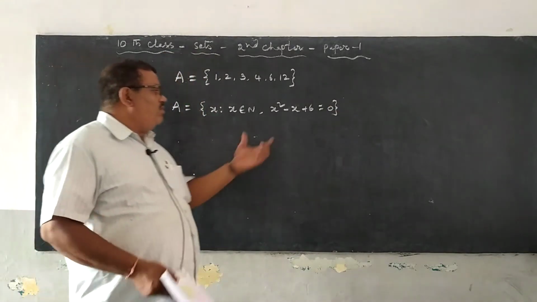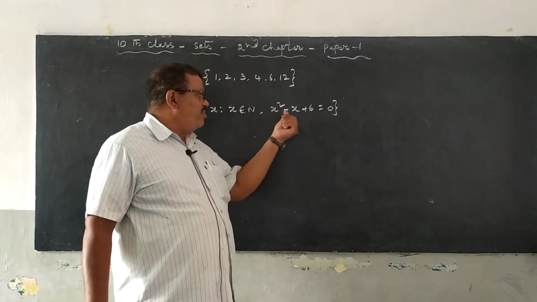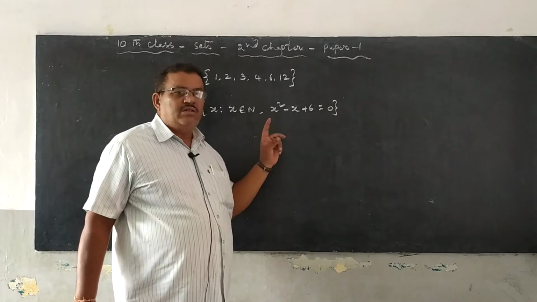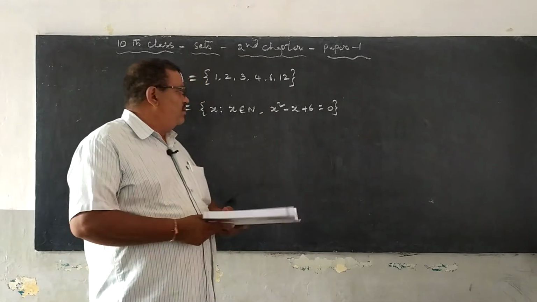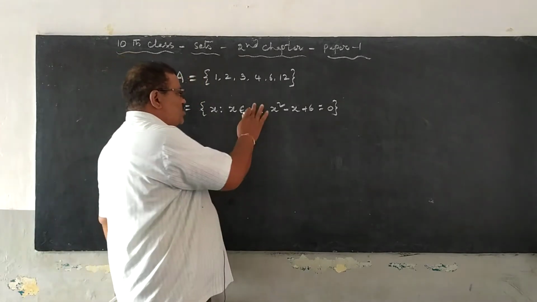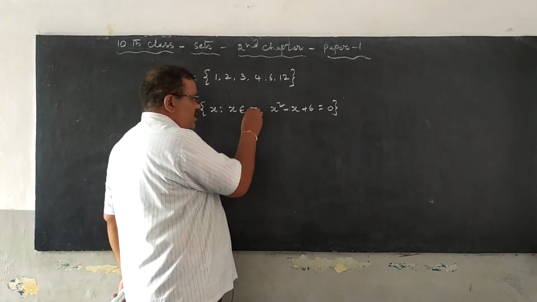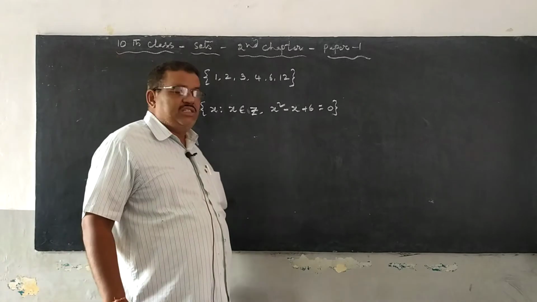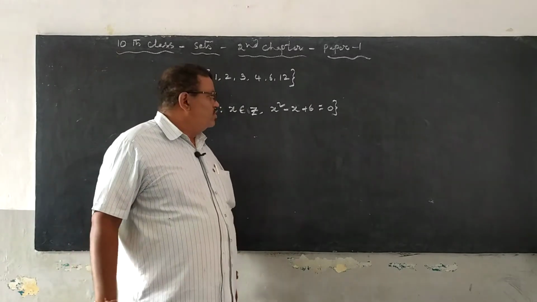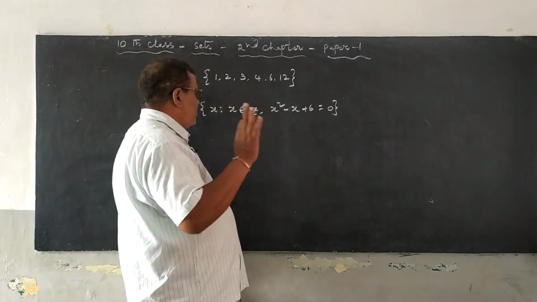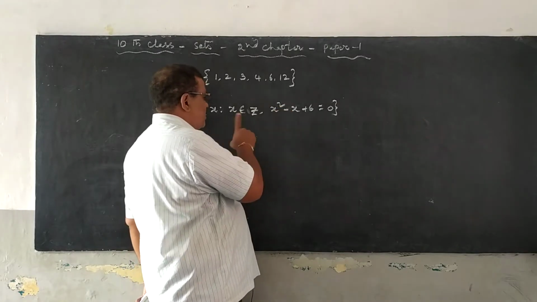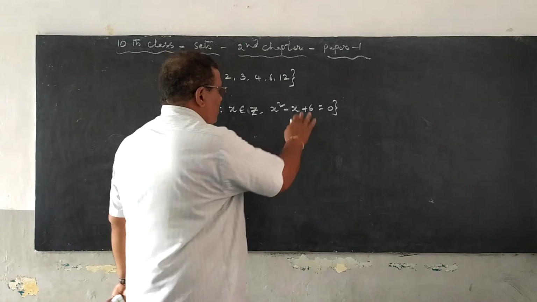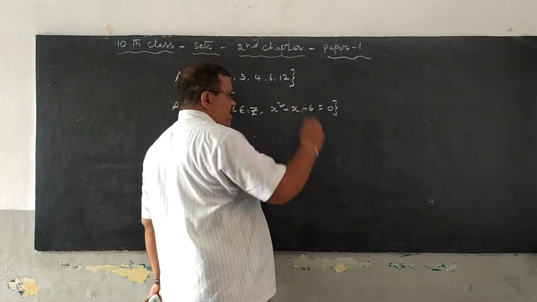When we solve this equation, x square minus x plus 6 equal to 0, we get two elements. x belongs to Z, I think this is the correct answer. x such that x belongs to Z, x square minus x plus 6 equal to 0. One time just listen: x square plus x minus 6 is correct.